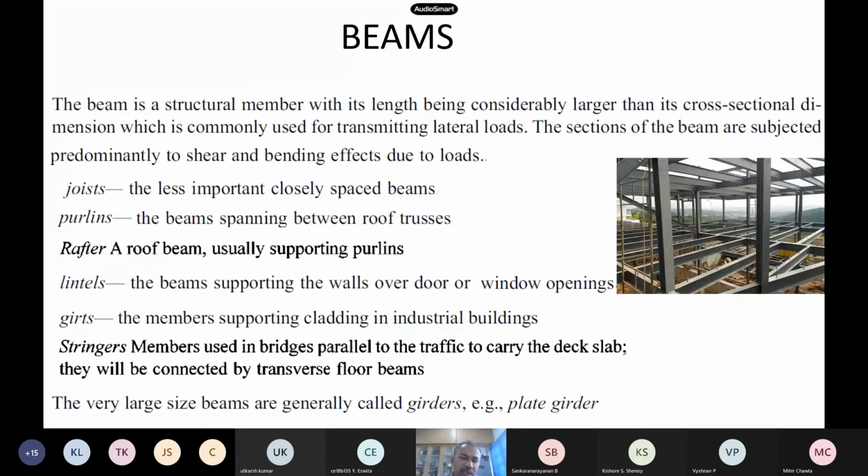Now we have done tension members, then compression members. Next come beams. One thing is that the design complexities also increase. Tension members were very simple: P by A, only area was there, tensile strength, gross yielding strength. It was all very easy.